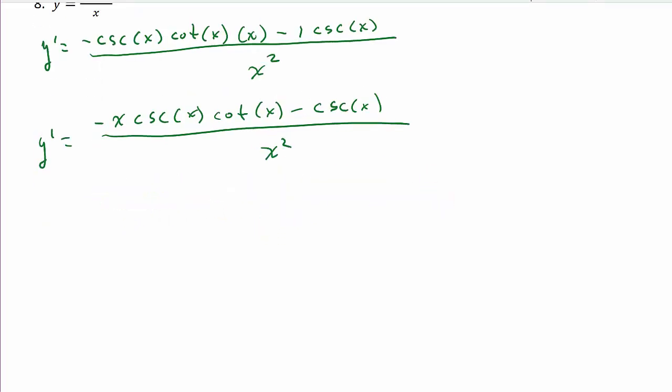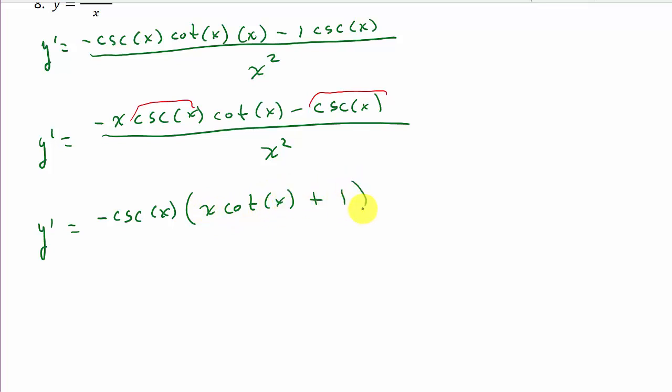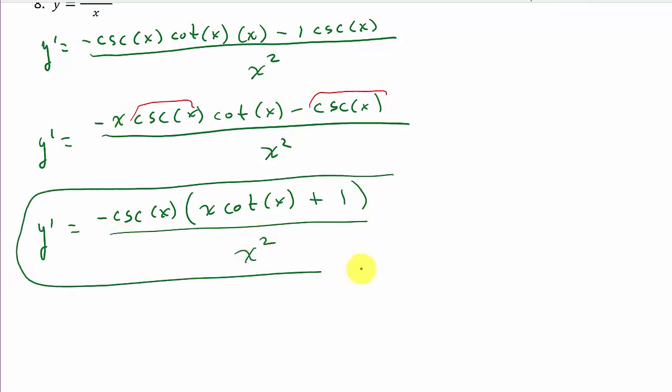And then I guess, you don't really have to, but this cosecant here, you could actually factor that out. Might make it look a little better. So let's factor out a negative cosecant. So negative cosecant x times, and that's going to leave me with x cotangent x plus 1. Remember, factored out a negative, so the signs will change, and that's over x squared.